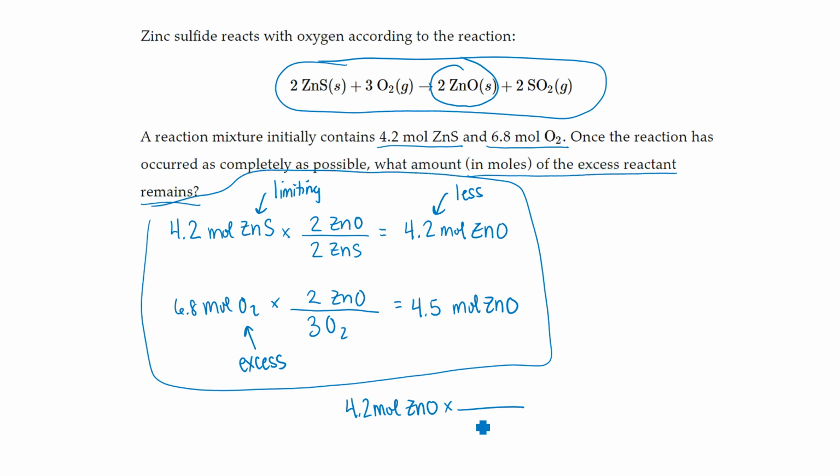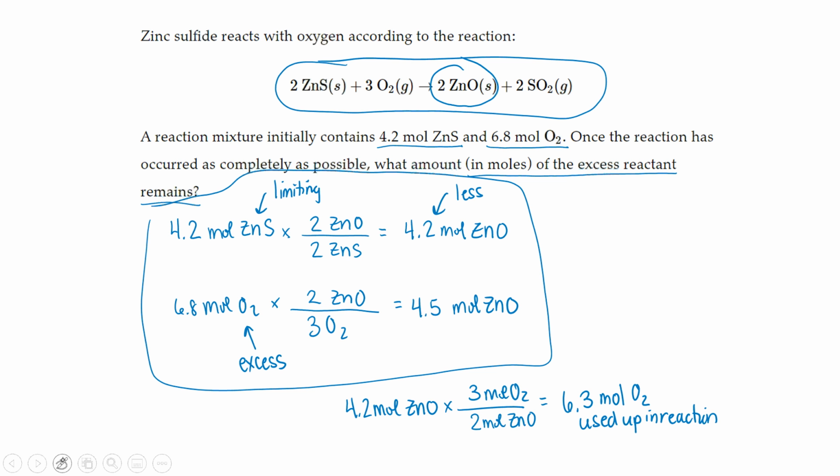For every 2 moles of zinc oxide, I'm going to use up 3 moles of oxygen. So if I plug that in, 4.2 times 3 divided by 2, I get 6.3. And I think about what this number represents. This represents that 6.3 moles of oxygen will be used up in the reaction.